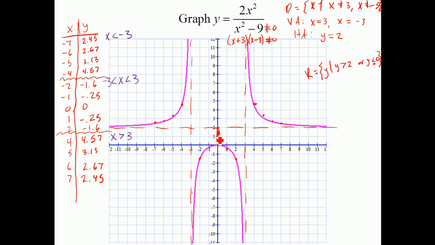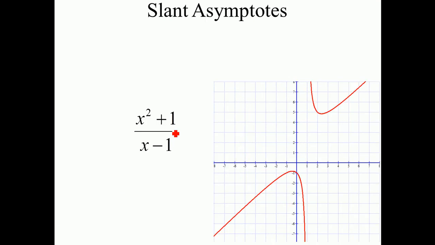So that means your range is everywhere except in between this place right here. So your range is going to be all values of y such that y is greater than 2, which is above 2, or y is less than or equal to 0. So that's talking about all the other places. I know that's tricky, but with some practice we'll be able to get it down.